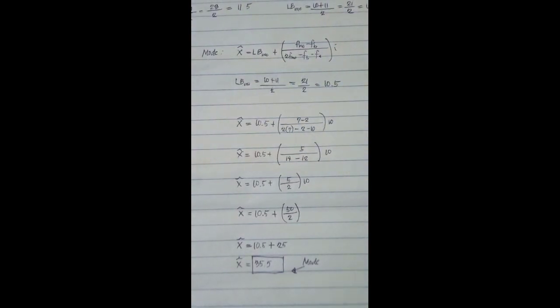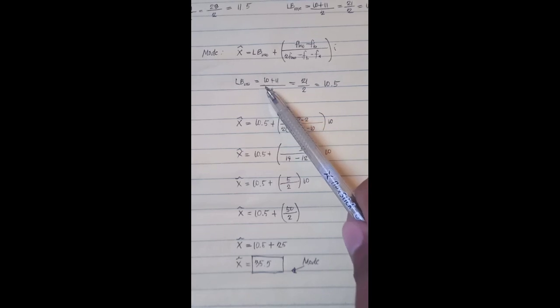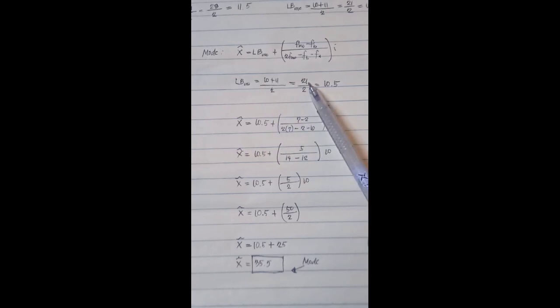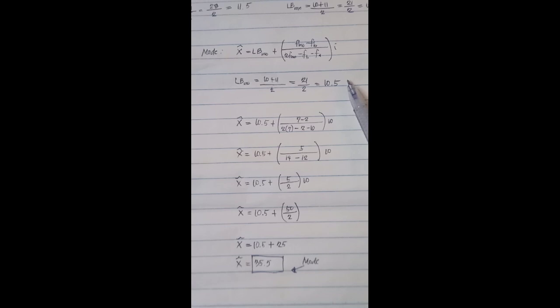So to find our lower boundary of modal class, we will add 10 plus 11 over 2 is equal to 21 over 2 is equal to 10.5. So 10.5 is our lower boundary of modal class. So now we will compute our mode.